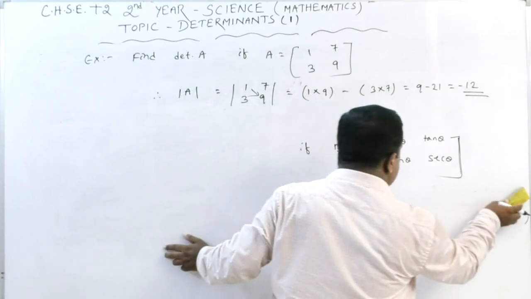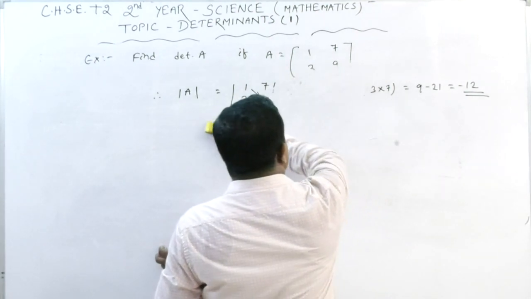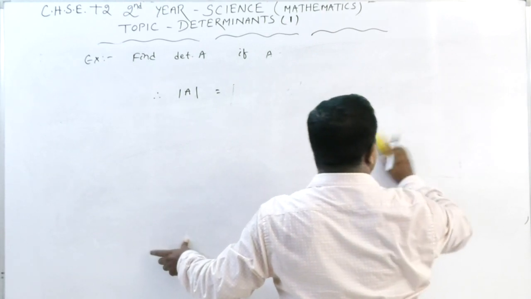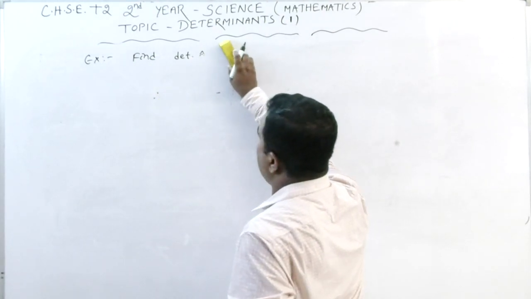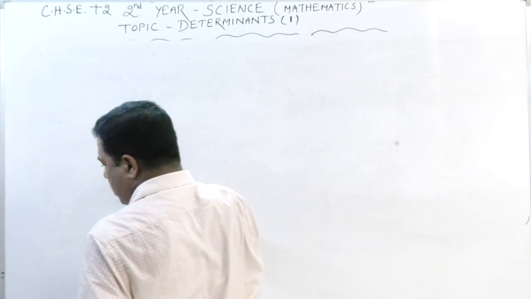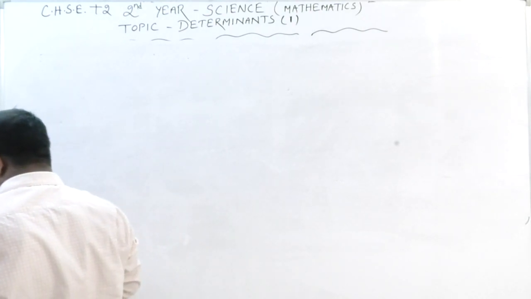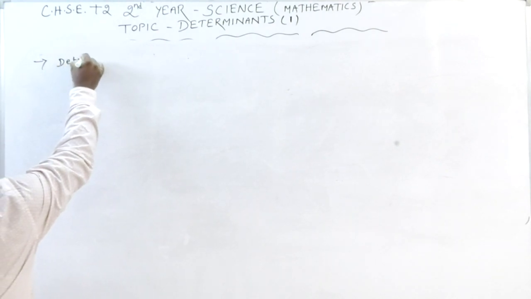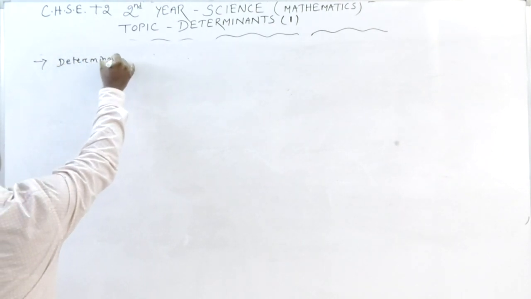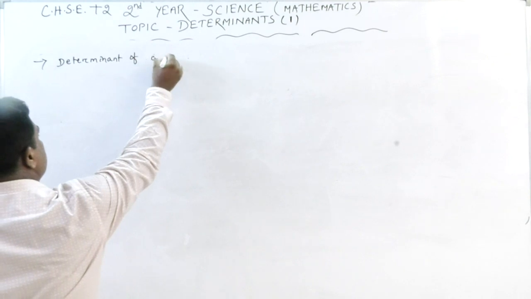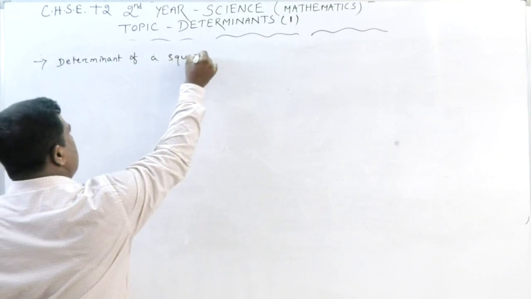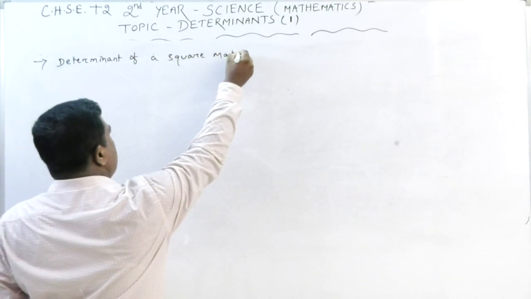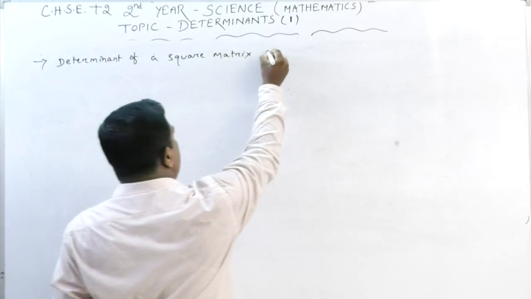Next, our topic of discussion is to get the value of the determinant of order 3. So the next topic of this discussion is the determinant of a square matrix of order 3.